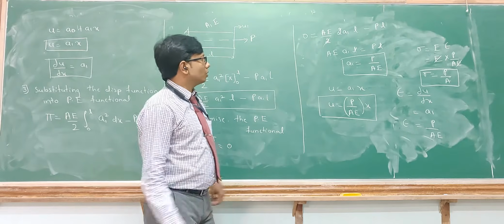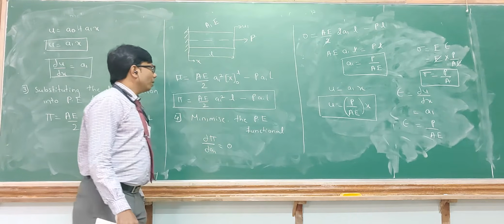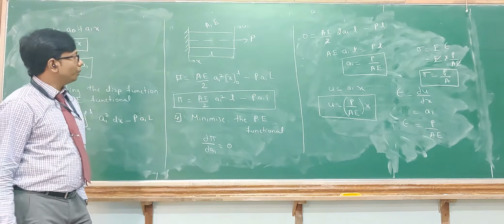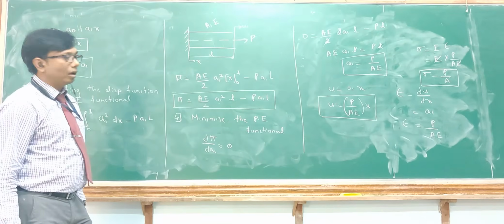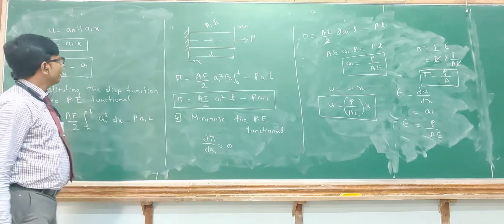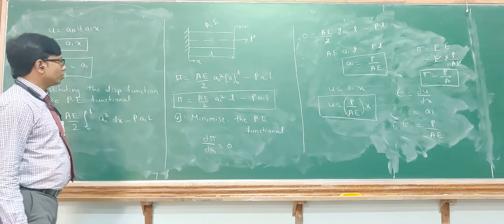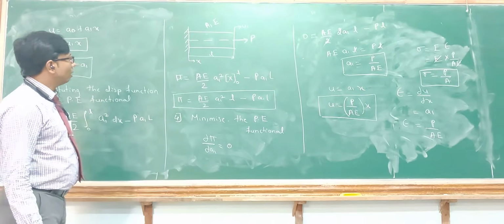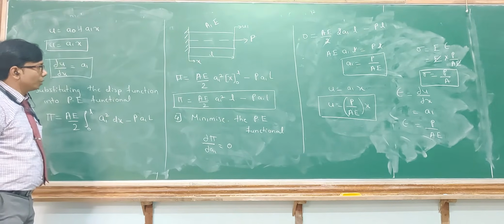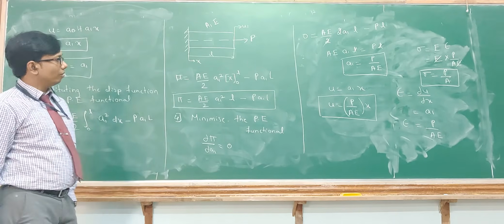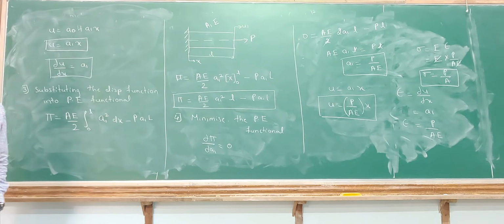So this is the total solution for the first problem, where a bar is subjected to a load P and has a length L, area A and Young's modulus E. First we did the formulation of the potential energy function, which is a combination of strain energy and work potential.